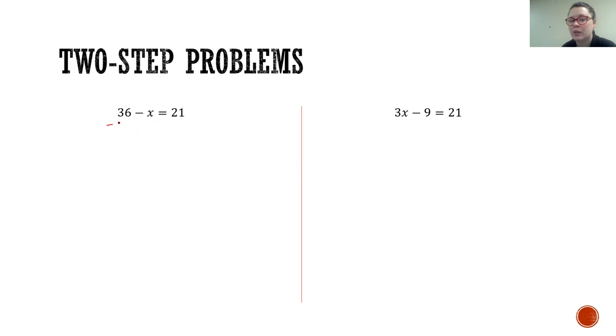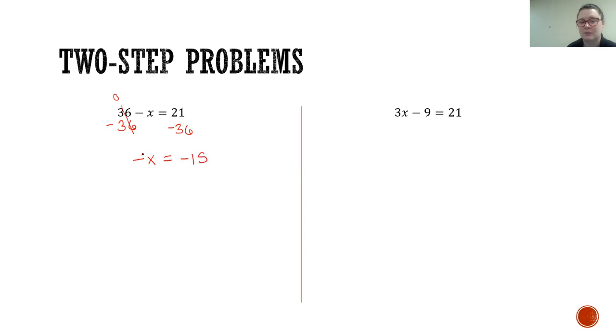So if we subtract 36 from this side, and we subtract 36 from this side, well, this is going to go to 0. So we're going to have 0 minus x. So that leaves us with just a minus x. We have to leave that minus in front. Equals 21 minus 36 leaves us with minus 15.